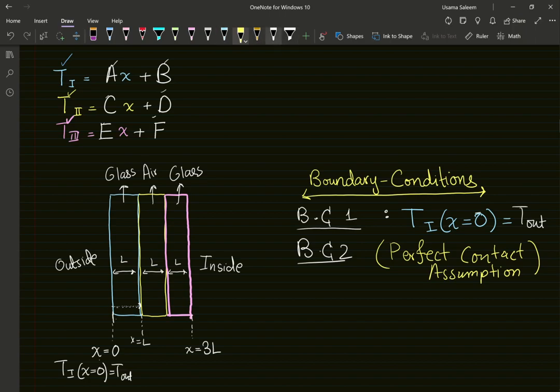What does that mean in English? That just means that the temperature in the first domain at x equals L has to equal the temperature in the second domain. Perfect contact assumption means there is no contact resistance.